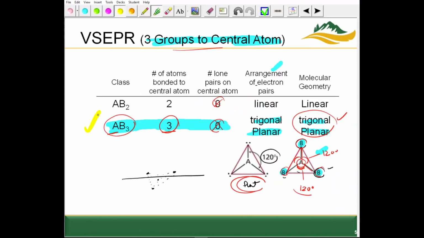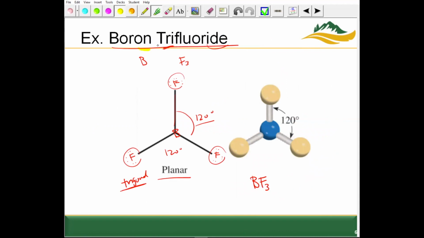So here's what we were looking at previously. AB3 class, 3 atoms bonded to the central atom, 3 groups around the central atom. That is trigonal planar. So similar to boron trifluoride, here these were all single bonds. For our practice problem, we had 2 single bonds and a double bond.